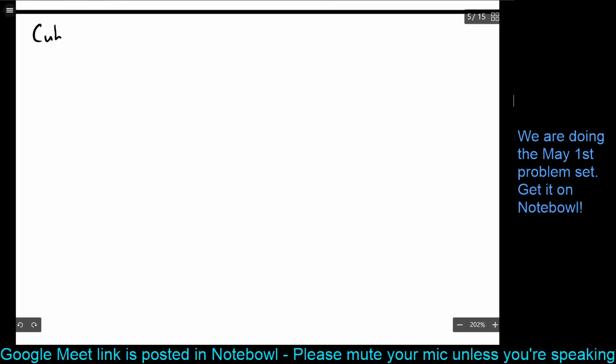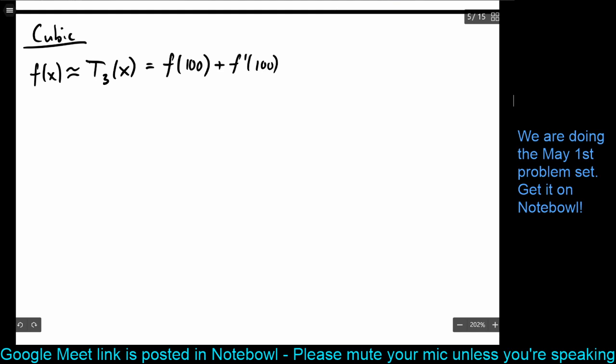Okay, so cubic. Okay, so here, f of x is approximately t3 of x. So this is your third degree Taylor polynomial. Right, this one's going to be a little bit of writing here.